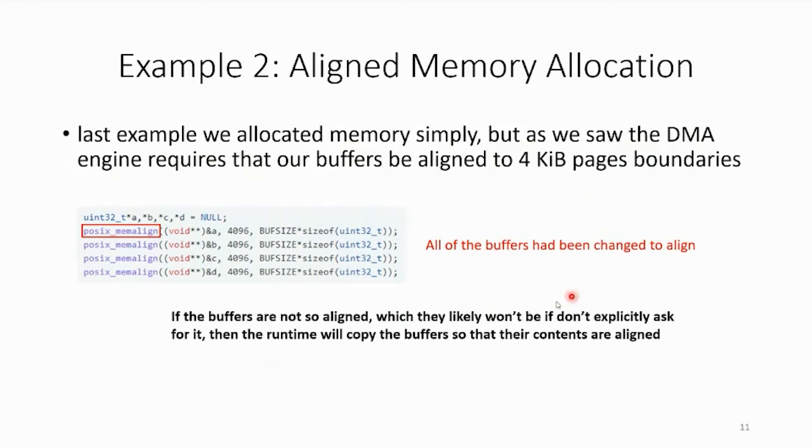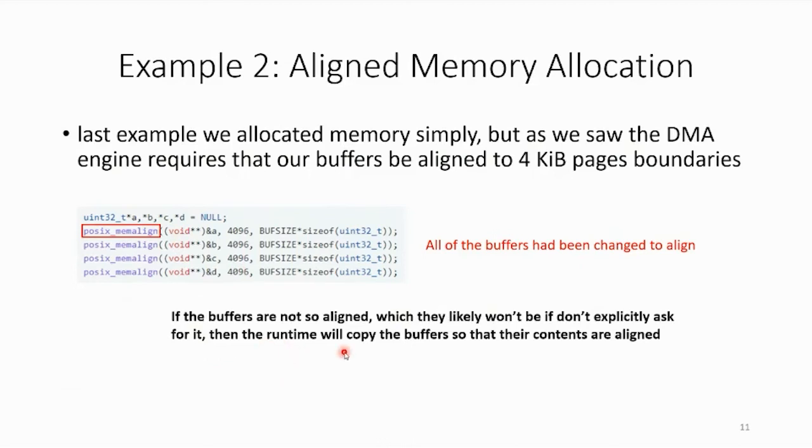So in this step we will allocate memory aligned. If we don't explicitly ask for it, the buffer will be allocated non-aligned, so we need to use some special flag to allocate an aligned buffer.